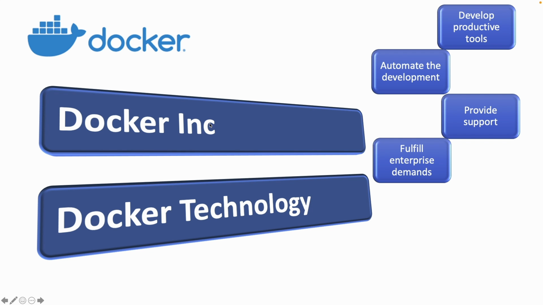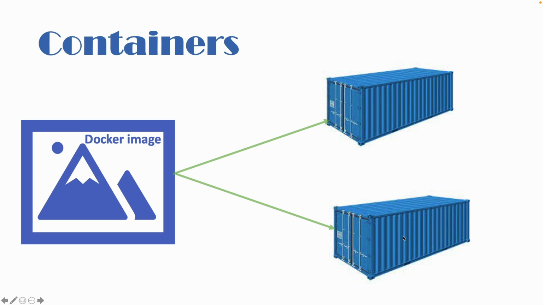So now let's talk about the Docker technology. This is all about running your business application inside the container. What it does is take the application code and build it into an image. Then you store that image in a registry somewhere, that could be on-prem or in the cloud. It's your call.